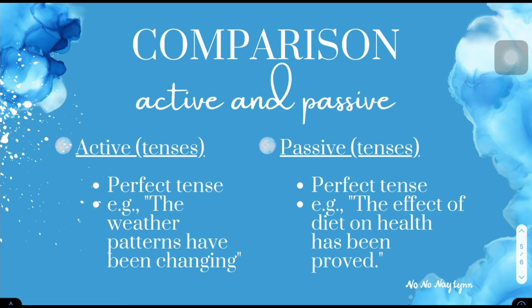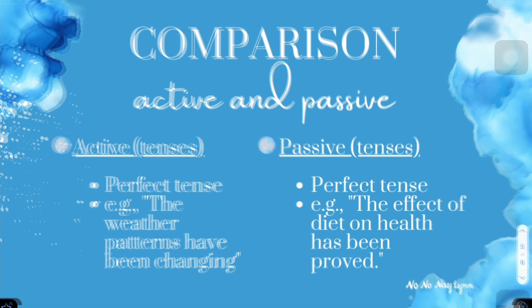That means we still have a visible and discernible impact on the present. And this has also been happening in a continuous manner, and that's why we use present perfect continuous. Notice how we used have, because it's still affecting the present.